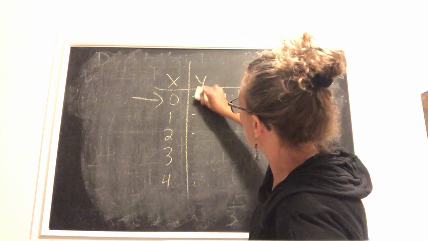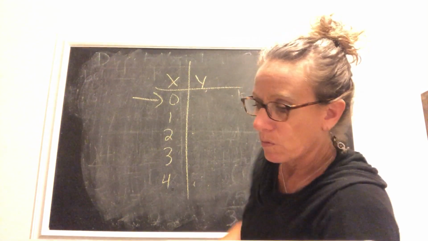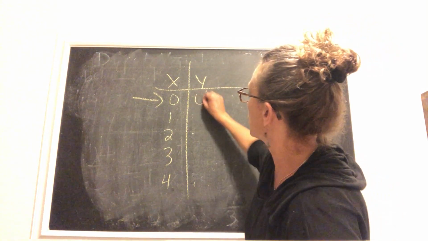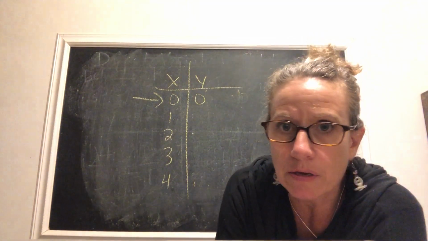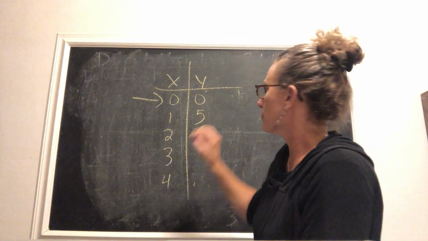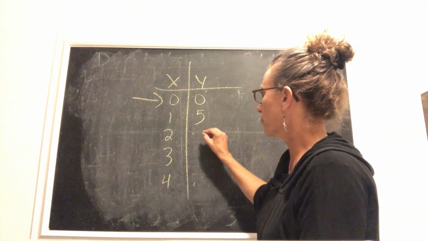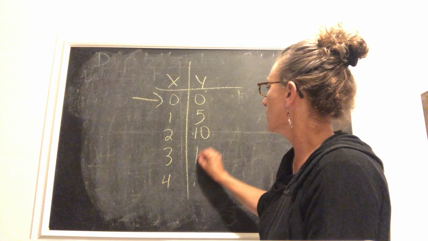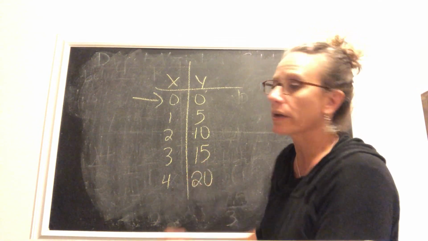Okay, so let's try to think of what would pass. Well, I'd have to go through the origin, but maybe my next point would go up by 5. If that were the case, another 5 would make that 10, 15, and 20.